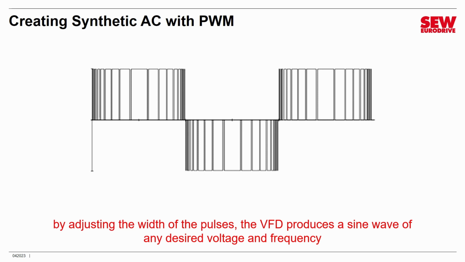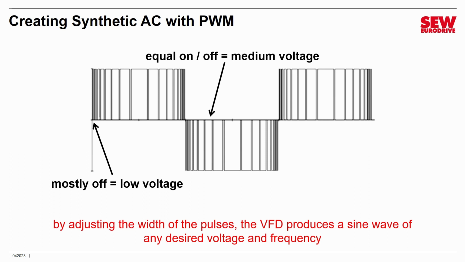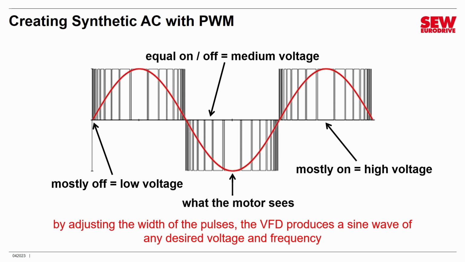And it turns out that when we vary the width of the pulse, it allows us to create a form of AC of any voltage and frequency we want within the limits of our power supply. So what the motor sees is a mixture of mostly off, which looks like a low voltage, equally on and off, kind of a medium voltage, mostly on, a high voltage, and overall what the motor sees actually is a sine wave.